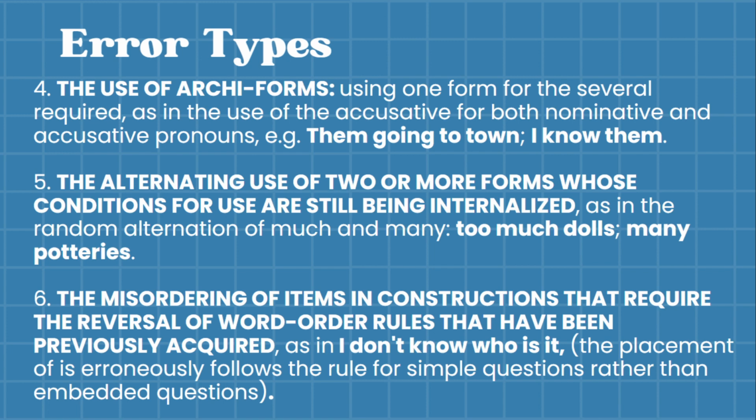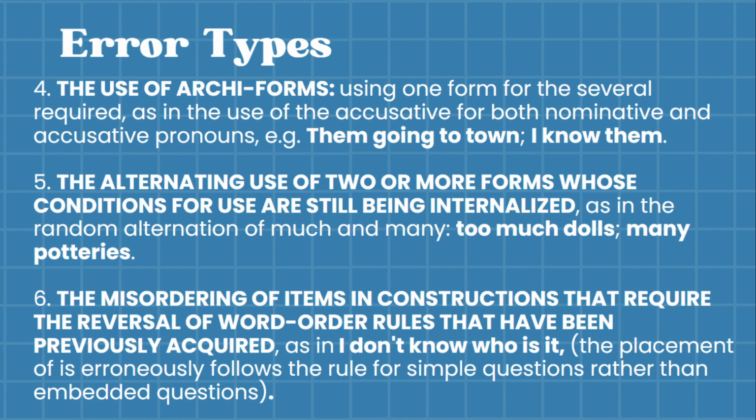Next, it is the fourth type of error, which is the use of archiforms. It means using one form for the several required, as in the use of the accusative for both nominative and accusative pronouns, like "them going to town" and the sentence "I know them."